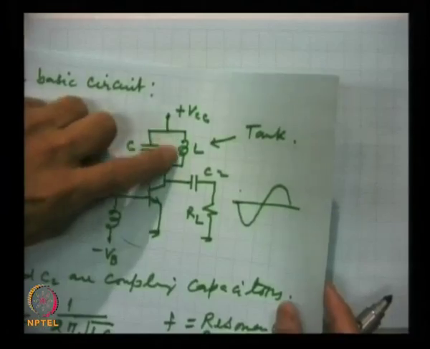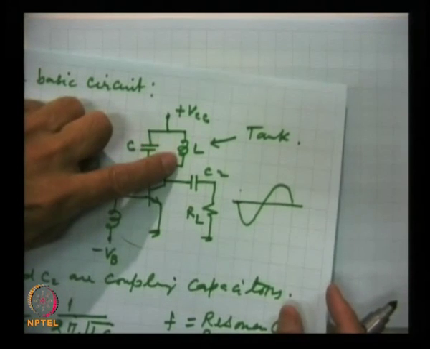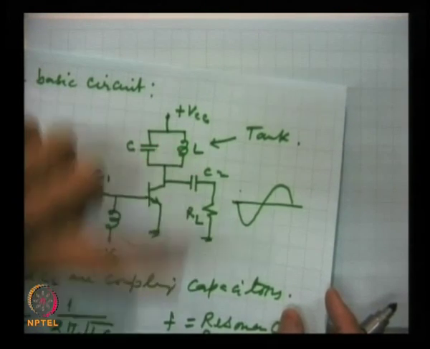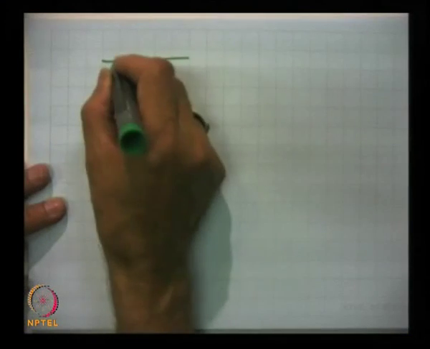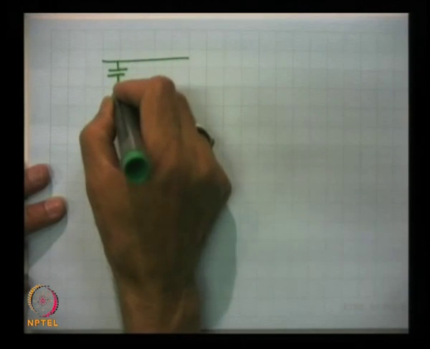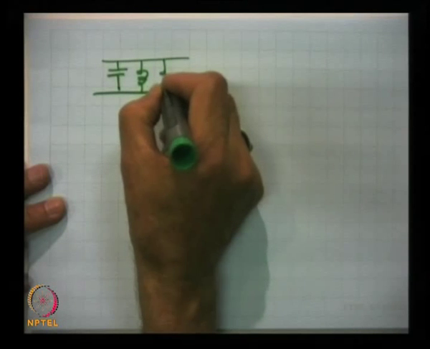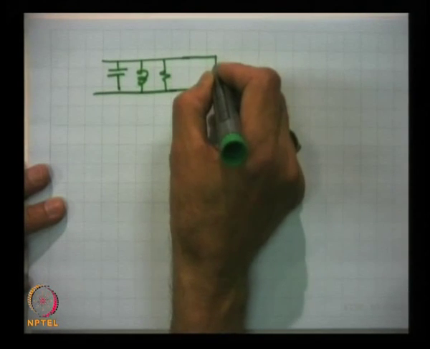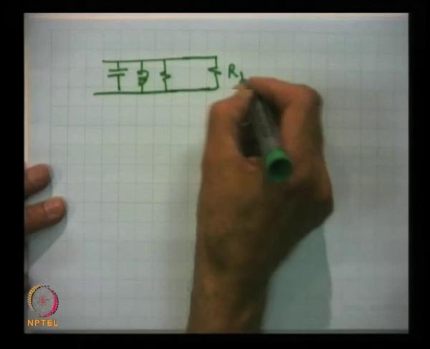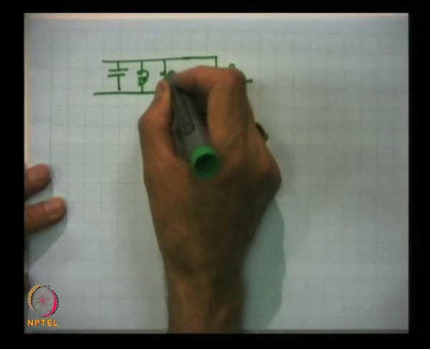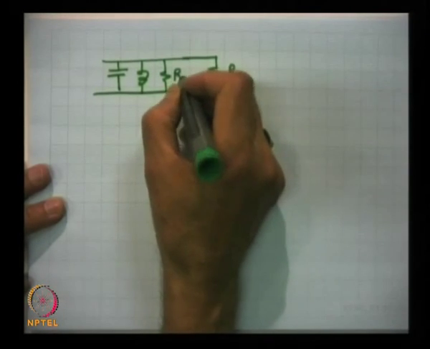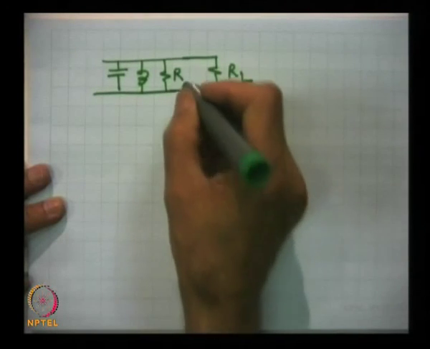And in this circuit, when the series DC resistance is replaced by its AC equivalent, then the circuit will become like this. This is RL, and this is the R which is the parallel equivalent.